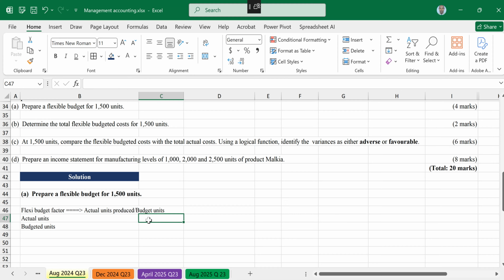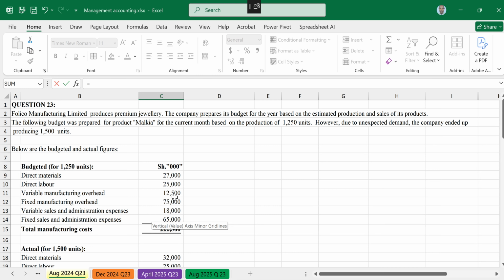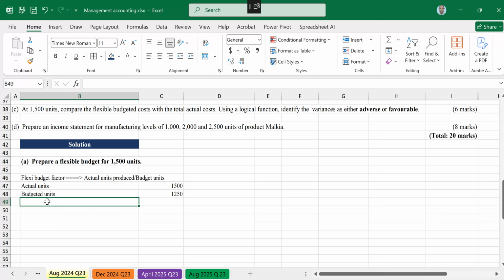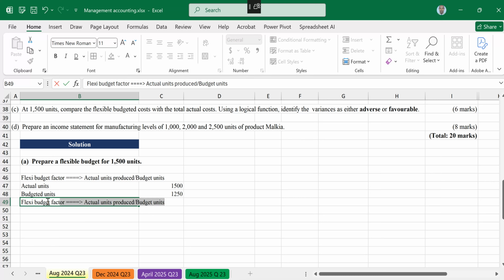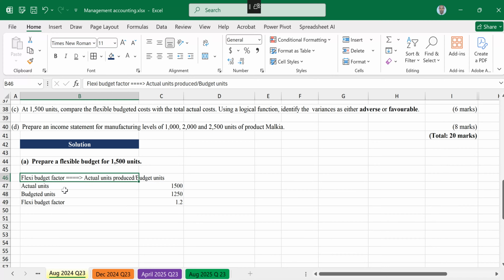Actual units were how much? Actual was 1,500. Budgeted was 1,250. So flexi budget factor will be equal to 1,500 divided by 1,250. That gives us 1.2.